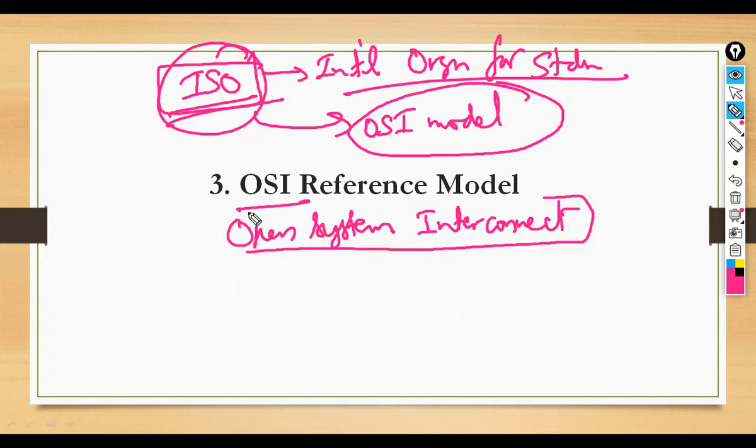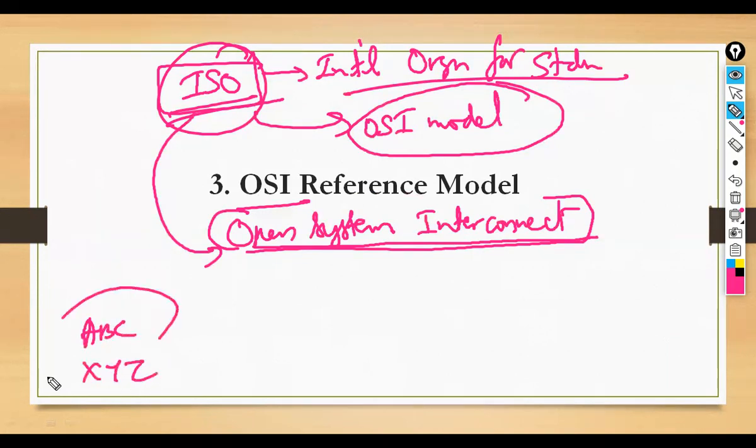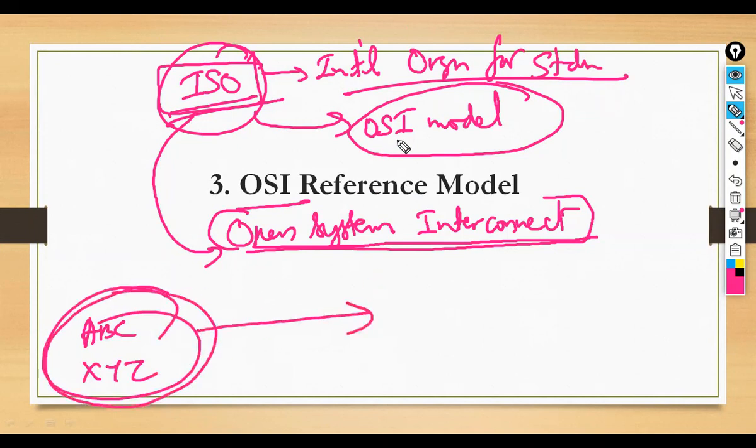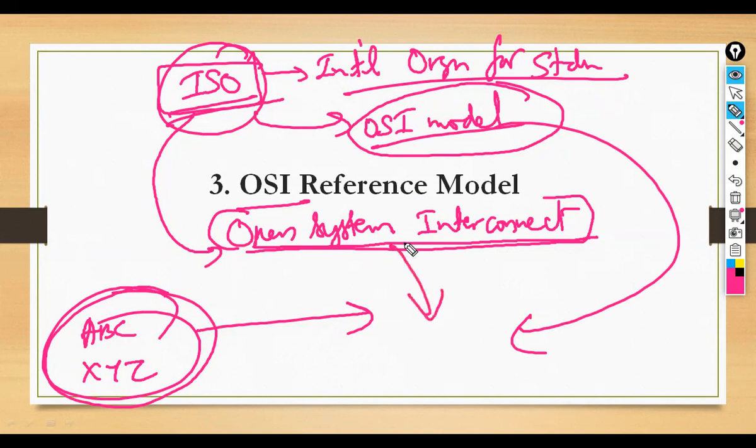ISO told all the computer manufacturing companies, whether ABC company or XYZ company, whoever it is, to start developing computers based on the OSI model, so that the protocols would be standardized and all the computers would be able to communicate with each other. Clear? So everyone started developing computers based on this OSI model.